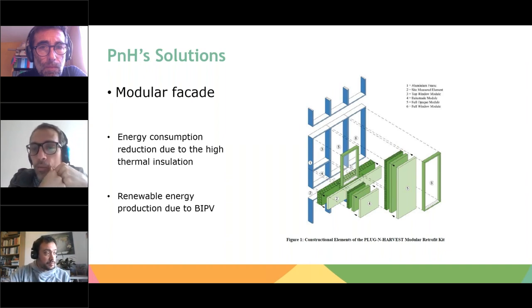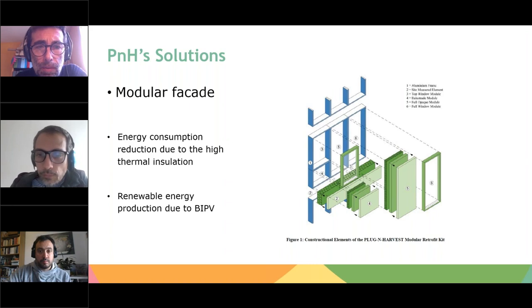As you can see here, every component is easily detached, so we can deconstruct it, recover the parts of this facade easily, and then reuse them, or repair them and put them back again. So this follows the principles of circularity in design, and it's fully modular.